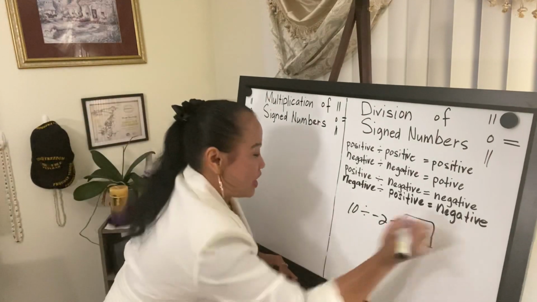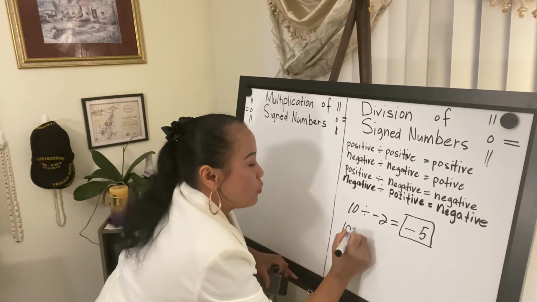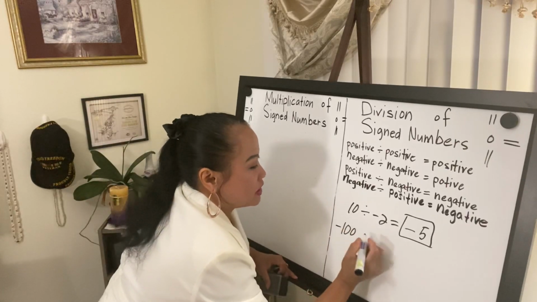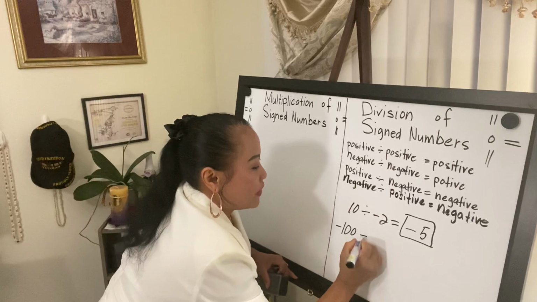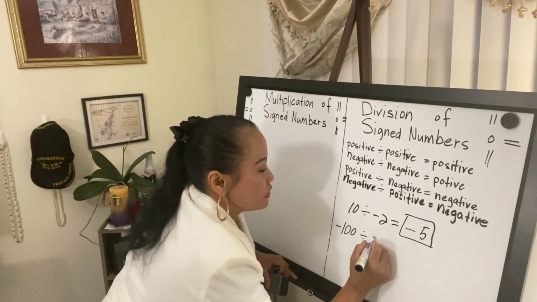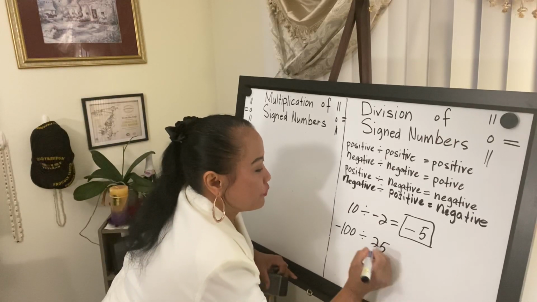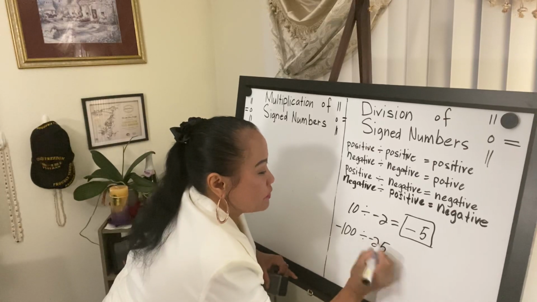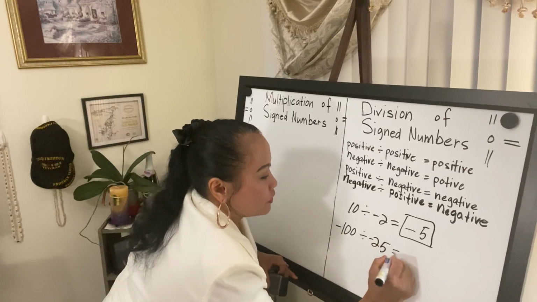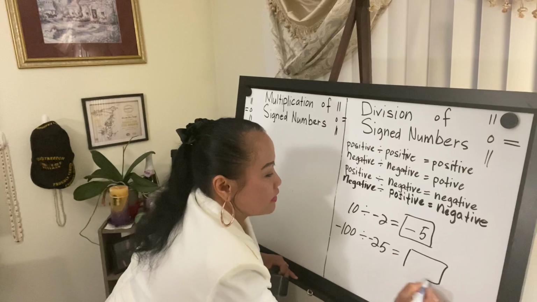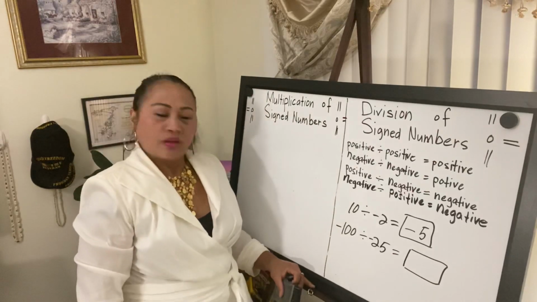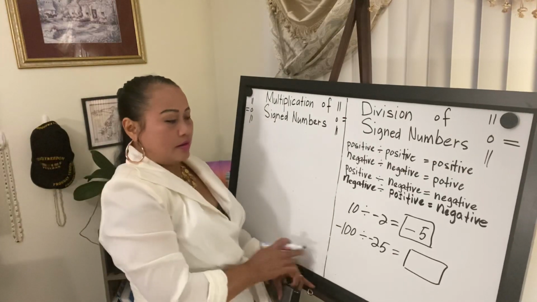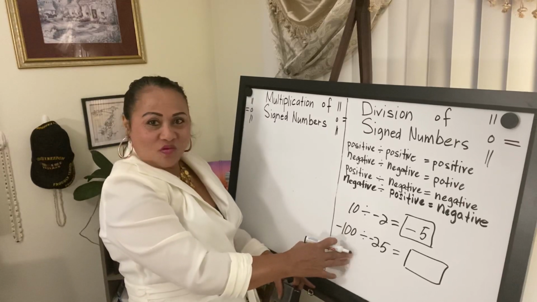Okay, so another one. Negative 100 divided by negative 25 equals. How many 25 in 100?